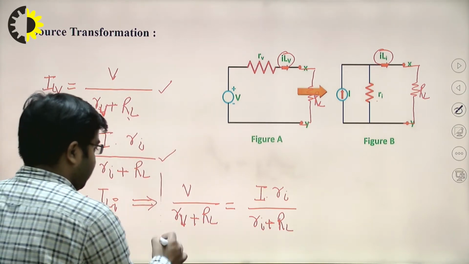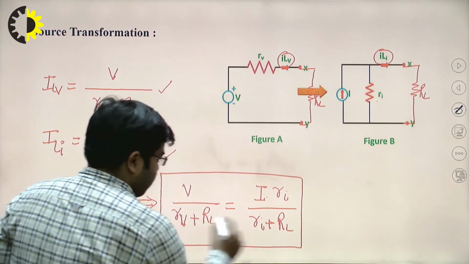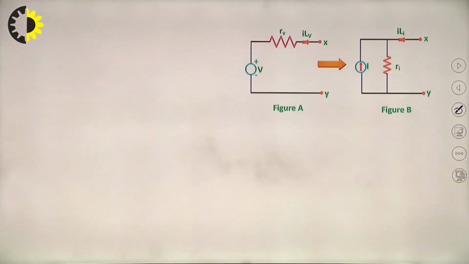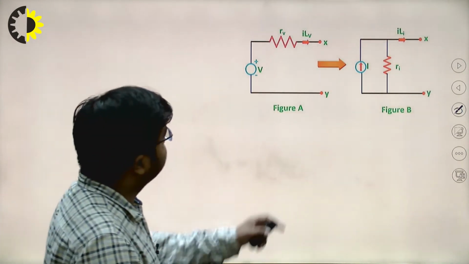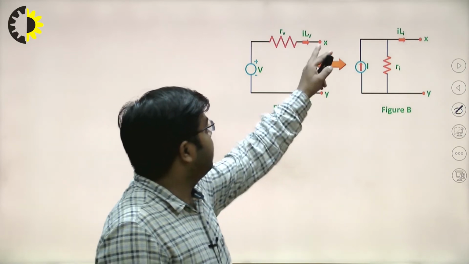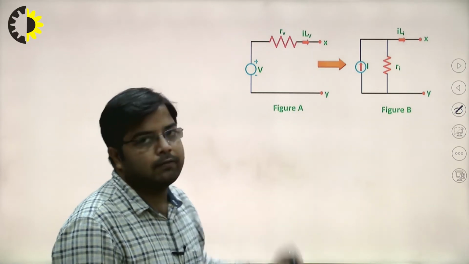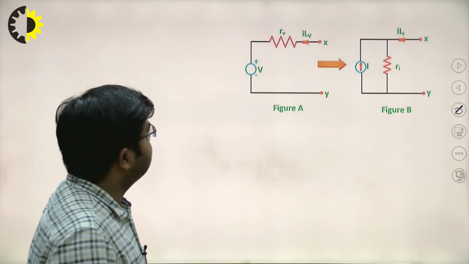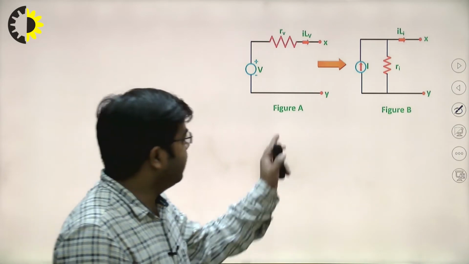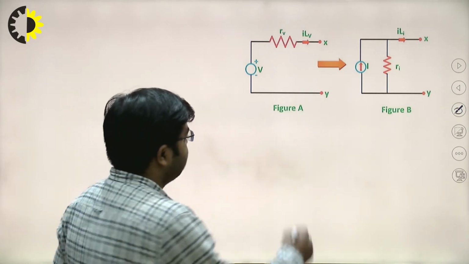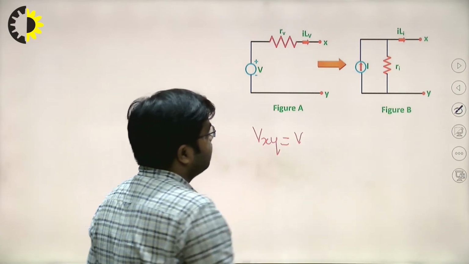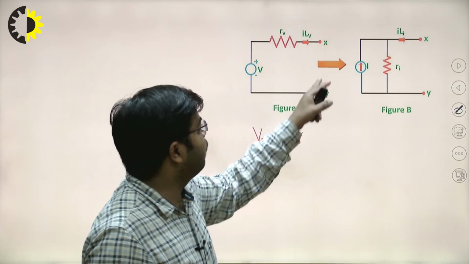Suppose this is equation number 1. Okay. Now again assume that this terminal X and Y is open circuit in both the networks. In that case, you have to find out terminal voltage VXY in both networks. So in this case, the terminal voltage VXY will be equal to V, because this is open circuit, no current will flow in this circuit.